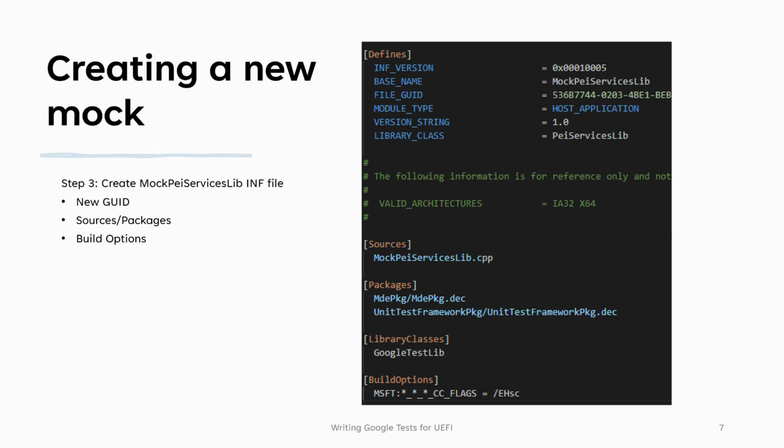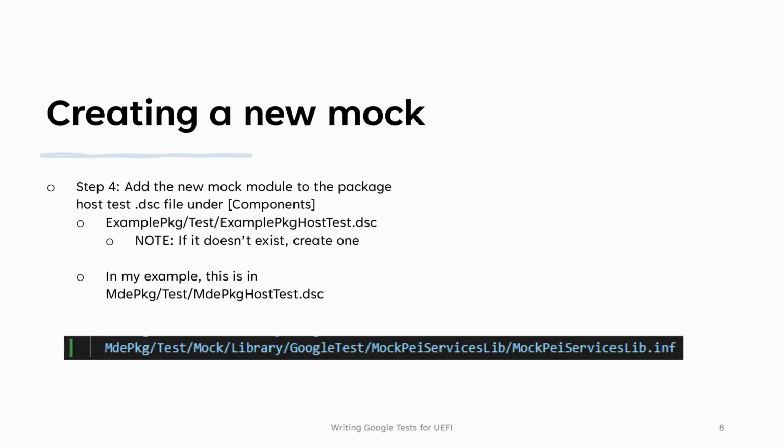This also says the compiler assumes functions declared as extern C never throw a C++ exception. Finally, we can add our new mock INF to the package host test DSC under components. If there isn't an existing host test DSC for the package you create the mock in, you can create a new one.